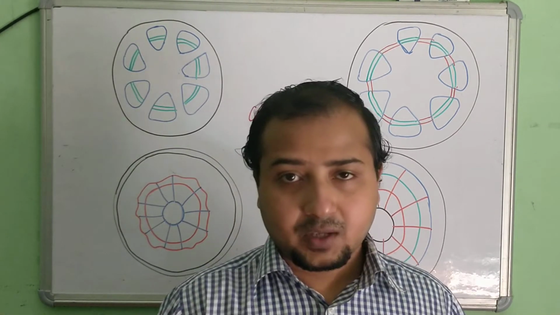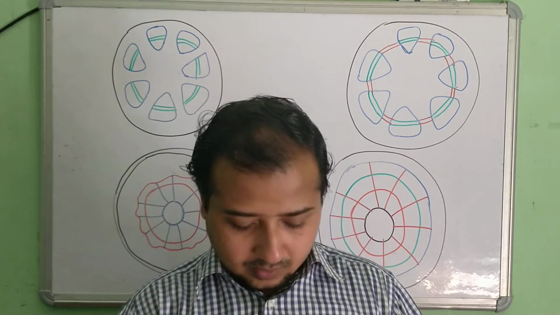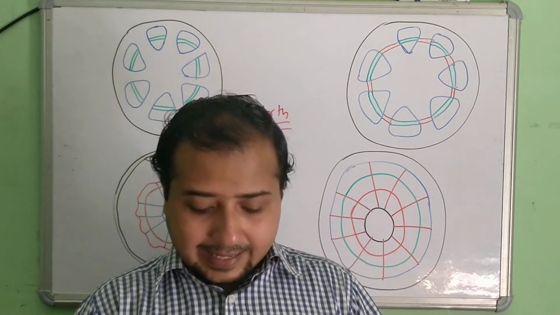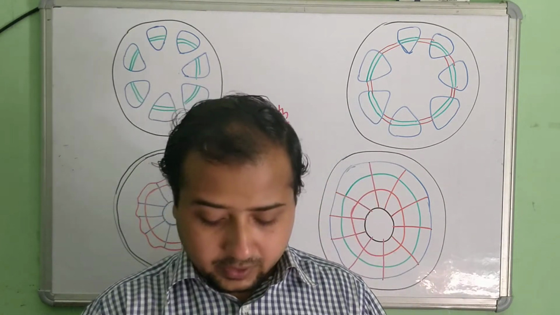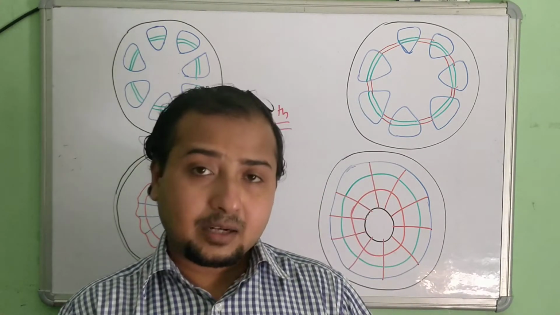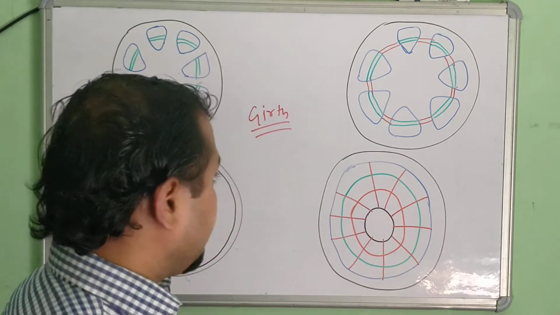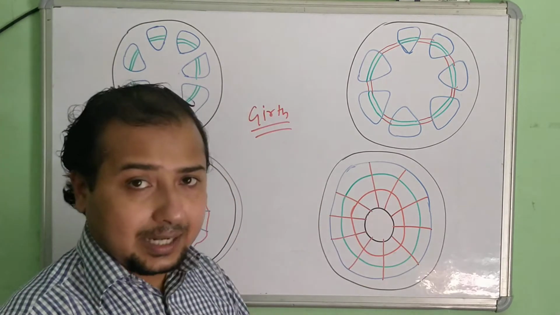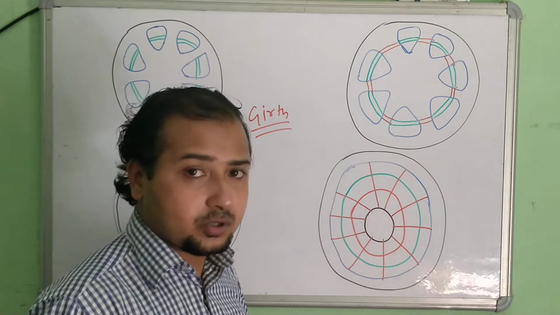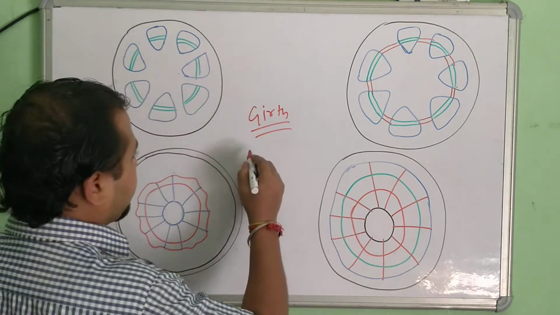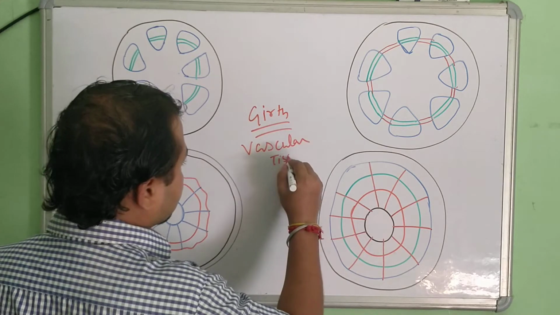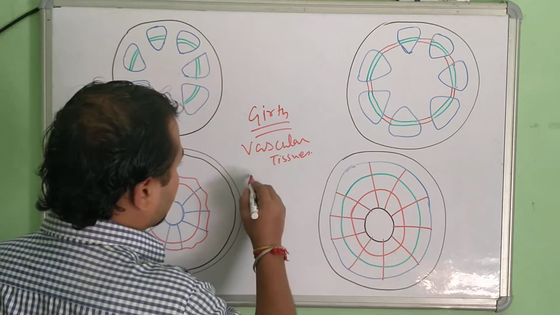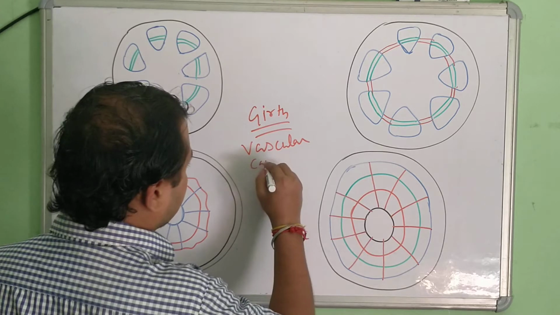Now, this secondary growth found in dicotyledonous plants involves two different types of lateral meristematic tissues: number one, vascular cambium, and number two, cork cambium.